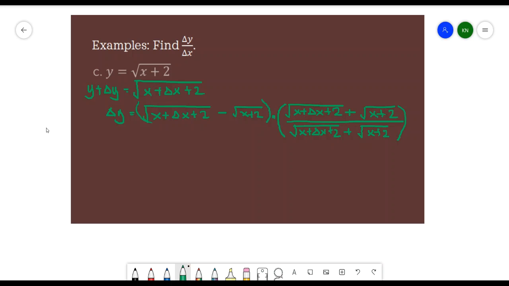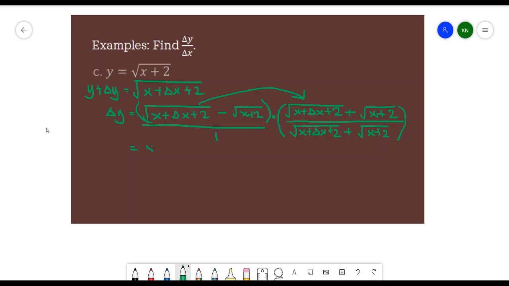Now, this is understood to have a denominator of 1, right? So multiplying the fractions, square root of x plus delta x plus 2 multiplied by this one is just equivalent to 1 half plus 1 half, that is just equivalent to 1.